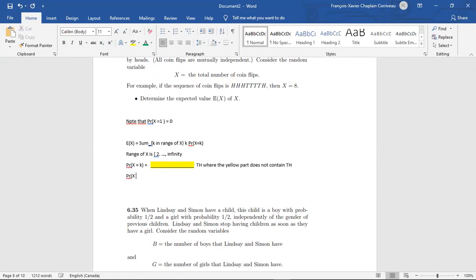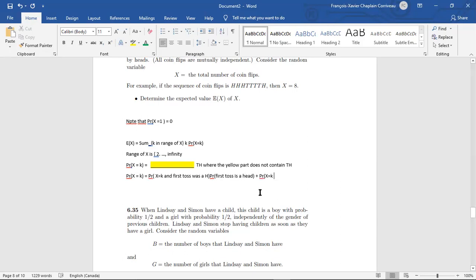It's the probability that x is equal to k. So this probability is equal to the probability that x is equal to k and the first toss was head, times the probability that the first is head, plus the probability that x is equal to k.